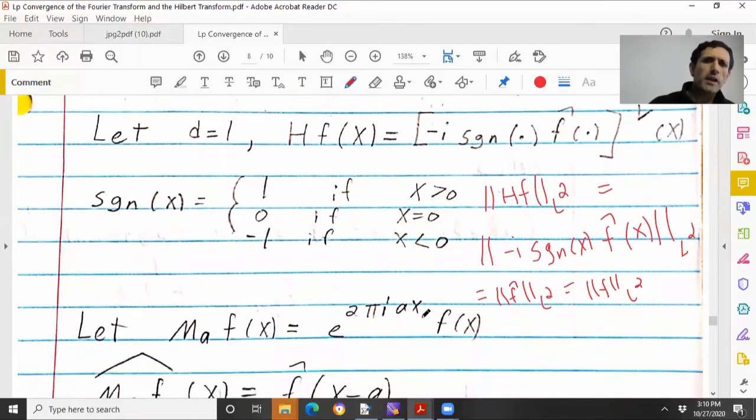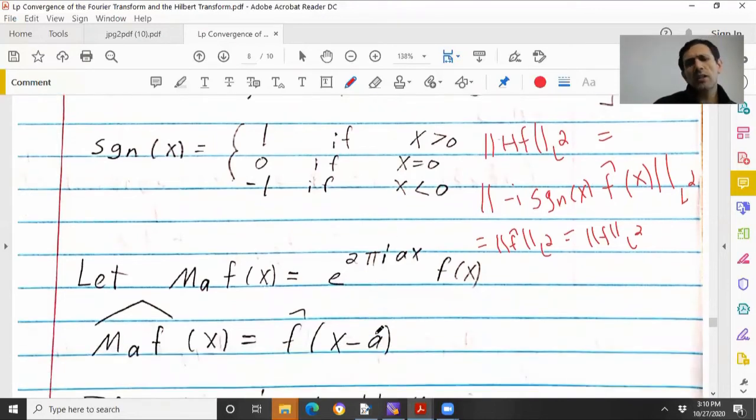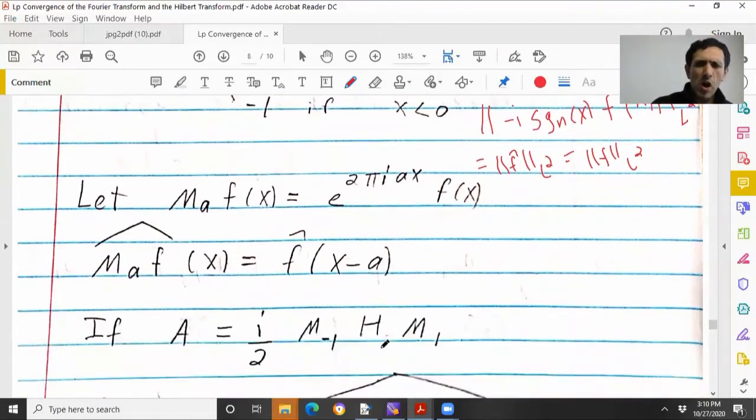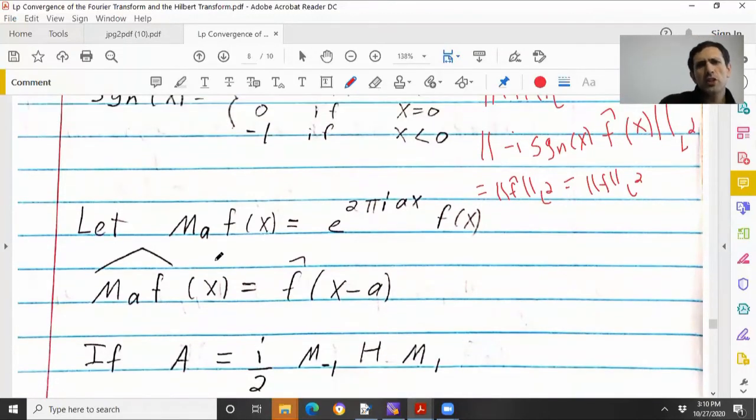Okay, so let's say M_a is multiplication in dimension 1 by this complex exponential, and as we just saw, when we take the Fourier transform, it's just shifting by a. And I should mention that this is fairly trivially bounded on all L^p for any p from 0 to infinity, because you take the modulus here, well, as long as a is real, which it is here, this is going to be equal to the modulus of f of x.